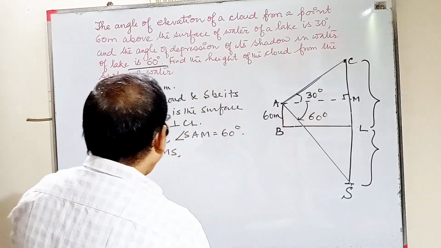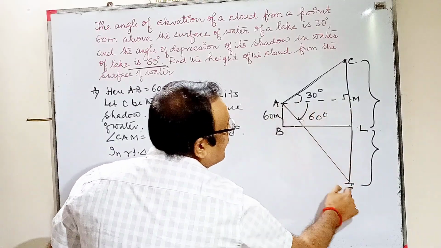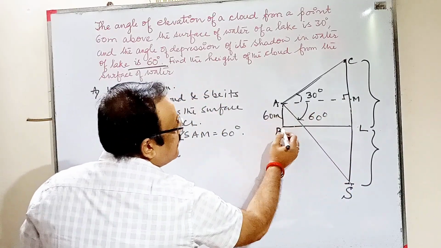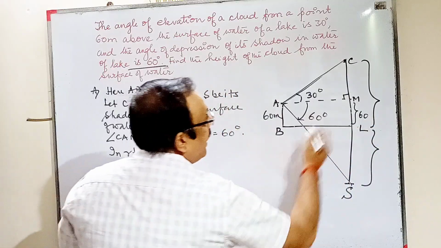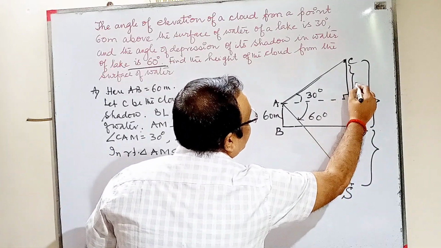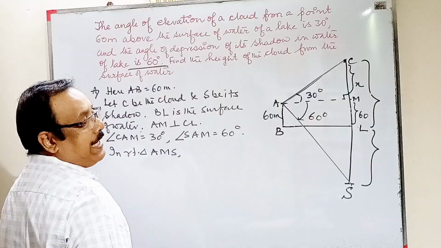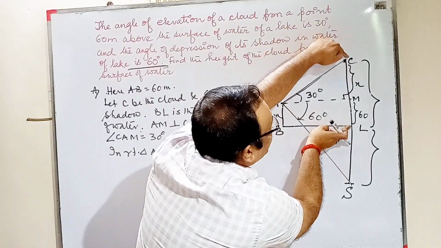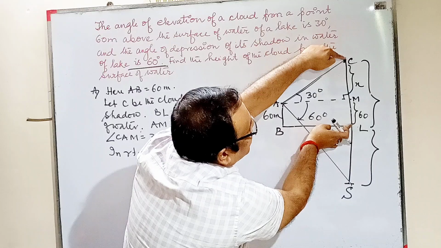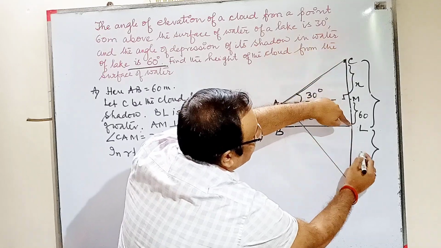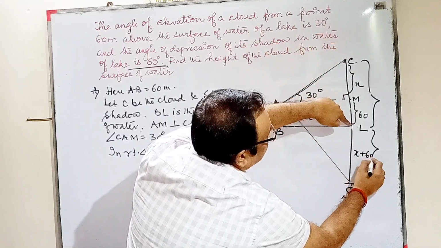So I have taken triangle AMS. If this is 60, similarly naturally this will be 60. Let this length be x. As I told you in the beginning, object distance is equal to image distance. So if the object distance is x plus 60, the image distance will also have to be x plus 60.